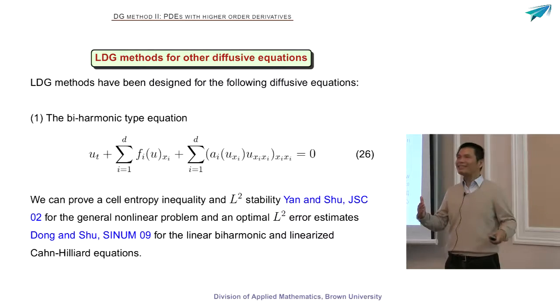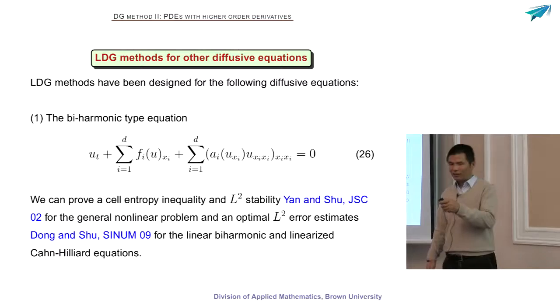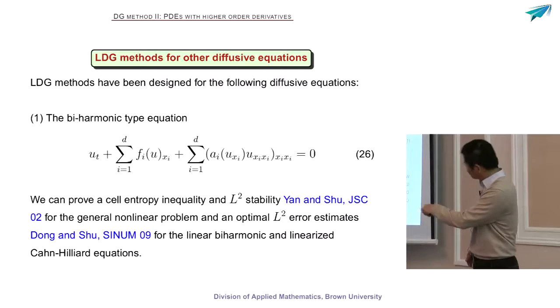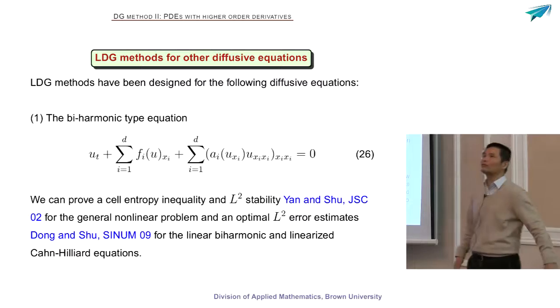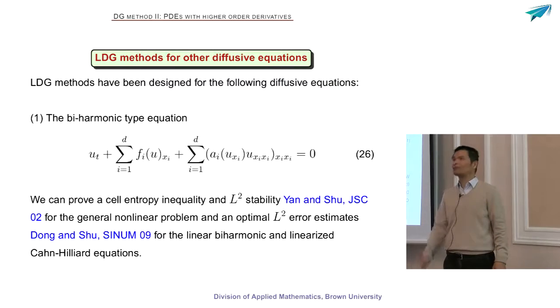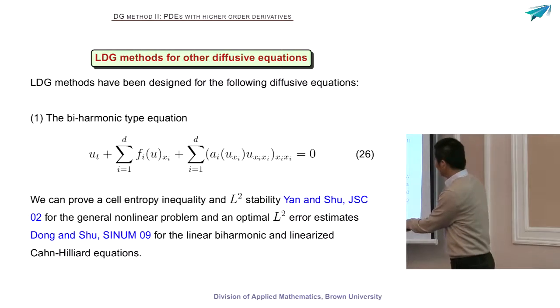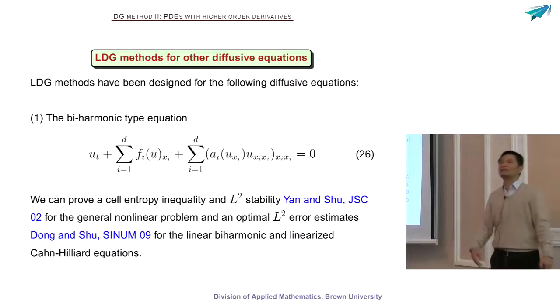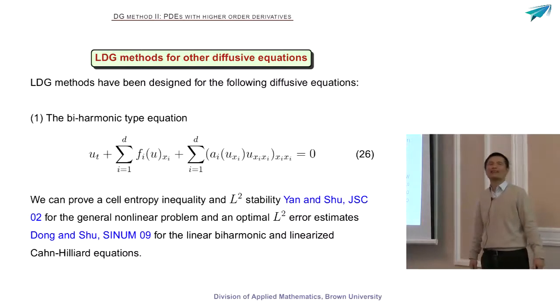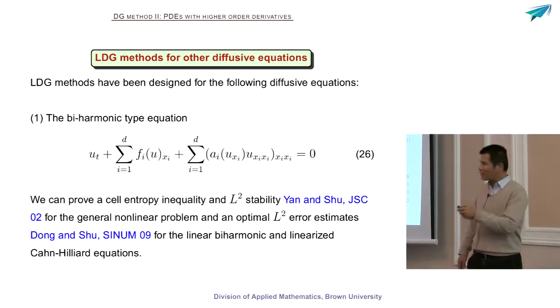For the LDG scheme, even for fourth order, in this paper we have shown optimal order L2 error estimates, not only for a rectangular mesh, but also for triangular mesh. So you can get optimal error estimates quite easily, unlike the previous third order one, which is really difficult. The proof is relatively simple because of elliptic regularity. Once you have elliptic equations, this operator is very nice and gives you a lot of help in proving error estimates.